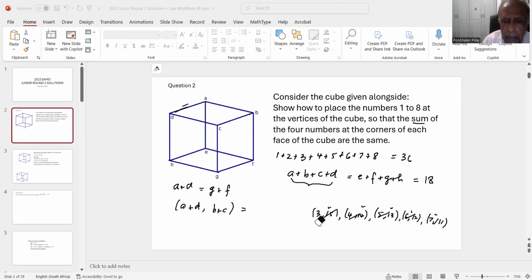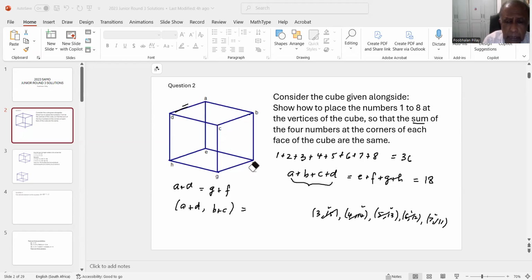Now, A plus D equal to 3 means that A and D are 1 and 2. So you got 1 and 2 there. And so these two numbers will add up to 15. Now, if this is 1 and 2 adding up to 3, then this will also add up to 3.